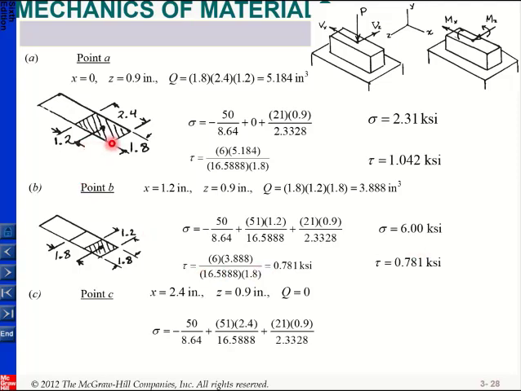Since I'm at this point, my Q is 0 because there is no area under that, so I will not have any shear stress. For my normal stress, the first term is the same, the second one is larger, and the third value is the same. When you calculate it, this is your stress and your shear is equal to 0.